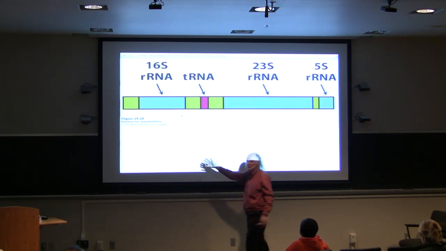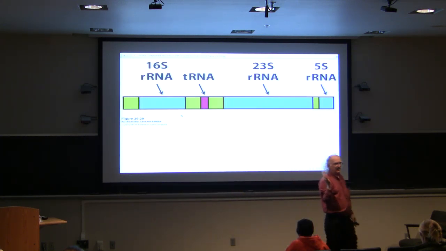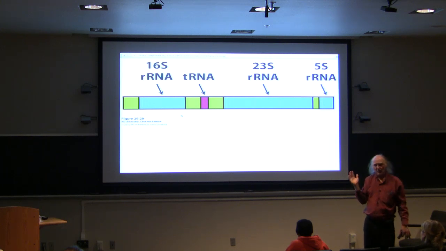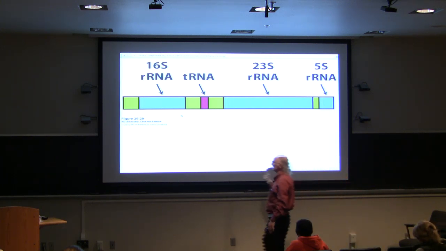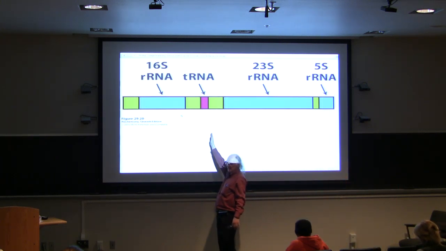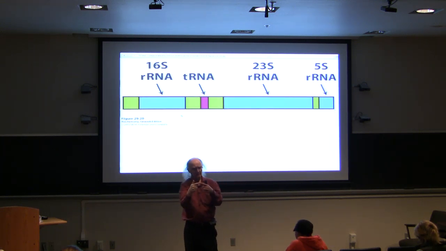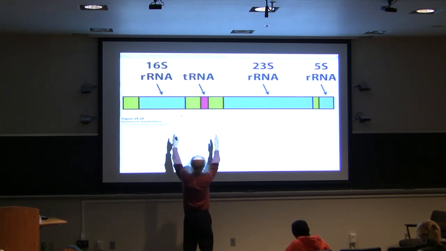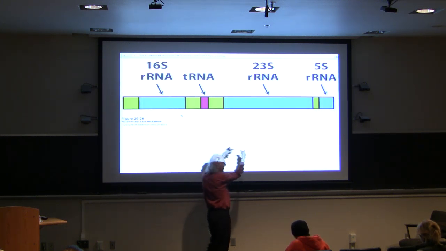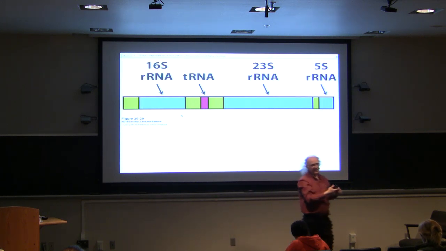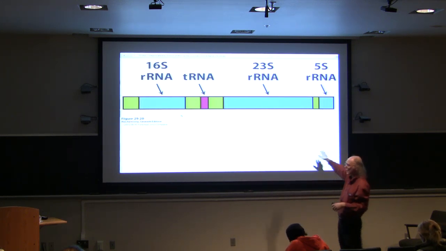I might make 50 pieces out of this RNA. The difference between that and splicing is all I'm doing here is cutting it into pieces. I'm not rearranging and joining the pieces back together. Makes sense? With splicing, I'm cutting sections out and then rejoining the sections around the pieces that got cut out. So this is simply processing.